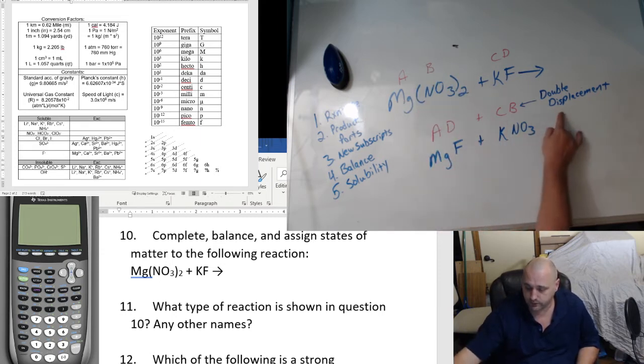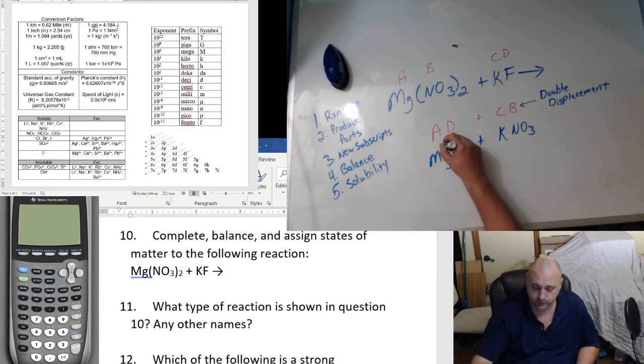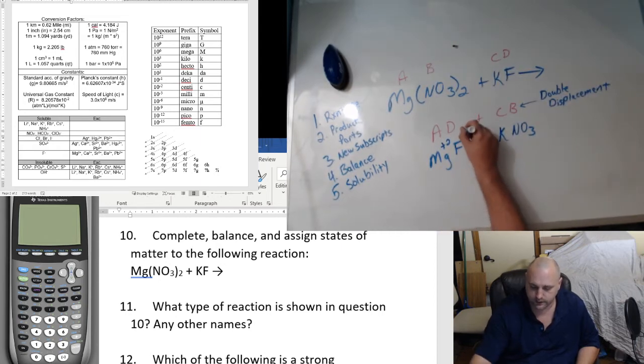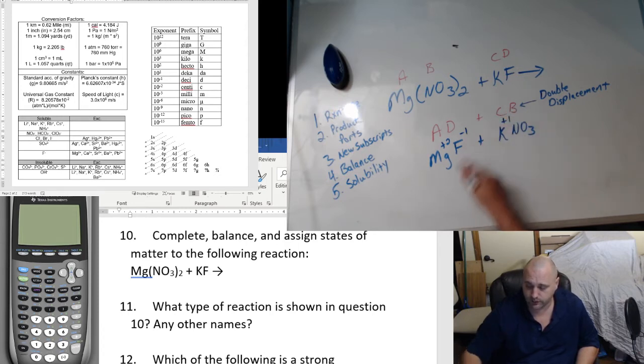All right. So a double displacement allows me to predict these parts, but before I can balance it, I need to get my subscripts. So magnesium is in group 2. It's always a +2. Fluorine is a -1 because it's in group 17. Potassium is in group 1, it'll be a +1.